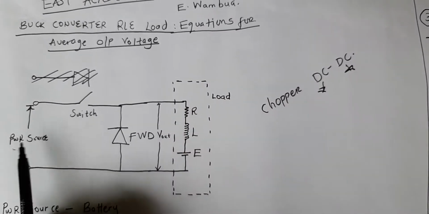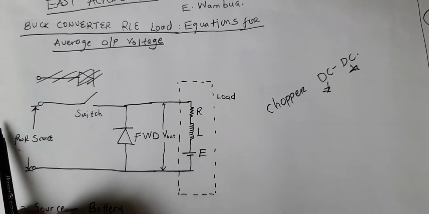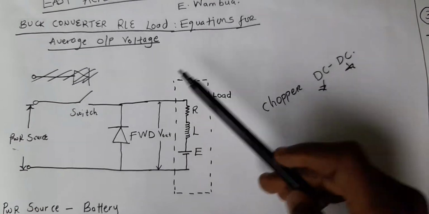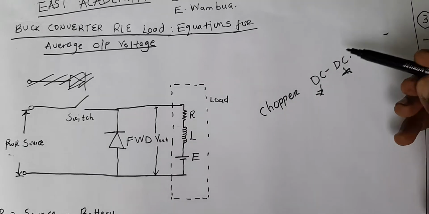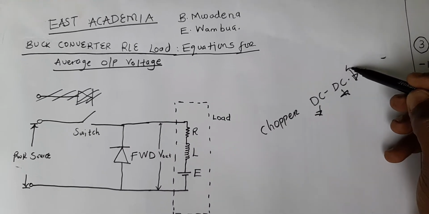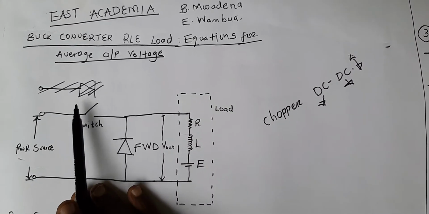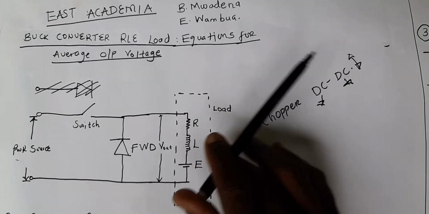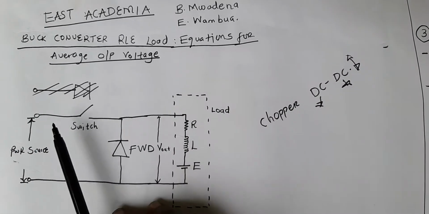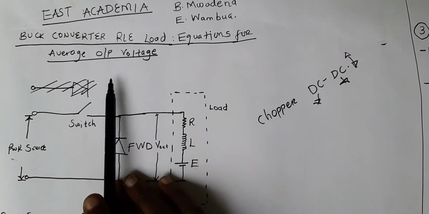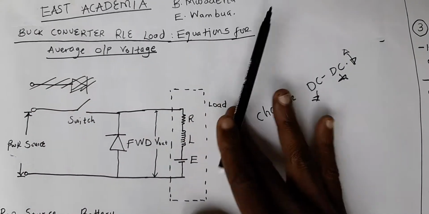So in the source side here is a fixed DC voltage, but we are able to vary this DC voltage depending on how we are going to switch this circuit, okay?